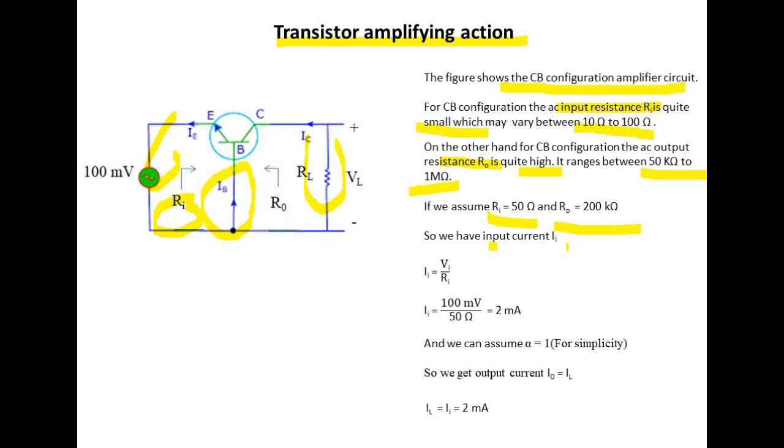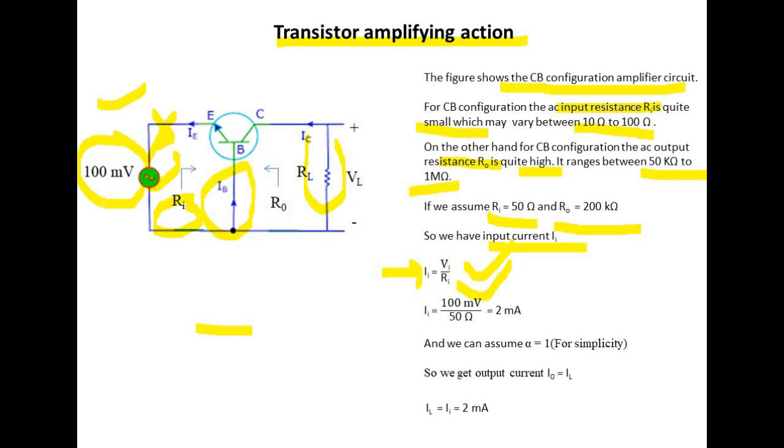So now we will find the input current IE, because input is 100 millivolt in the circuit. It is clear from the figure that input voltage is 100 millivolt. Now we have to find the input current IE. In case of common base, input current will be IE, which will be equal to input voltage upon the input resistance, that is Vi upon Ri.